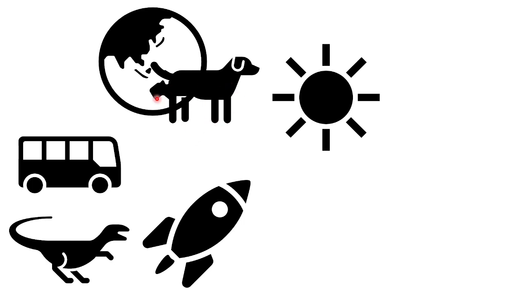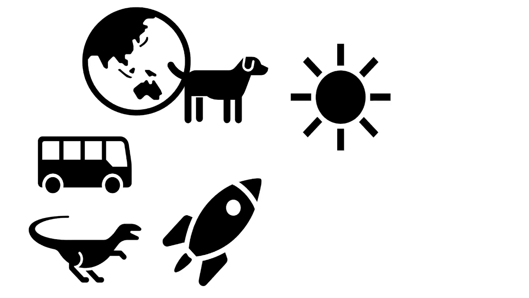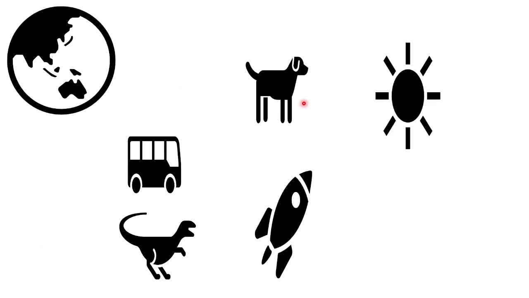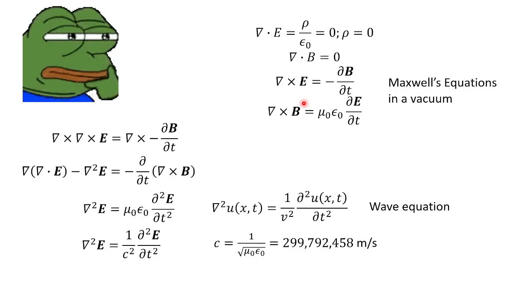So we have a relativistic dog, a relativistic bus, a relativistic Tyrannosaurus Rex, and this one is quite techy, a relativistic spaceship, and, for example, a star moving at a velocity fairly near the speed of light. If it moves, we observe that it is contracted. Hence, we have the Lorentz transformation of the coordinates.